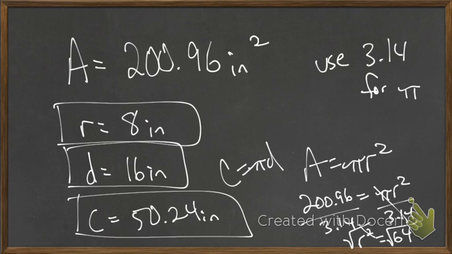So, again, the best approach for something like this is saying, what do I know? How can I use it? Versus, what steps do I do? Because if you know the area, what's the only equation we have for area? The area equation, right? So that is equal to pi r squared. If you start with that understanding, then you have something to attack. I can find the radius. Well, if you know the radius, you know the diameter.